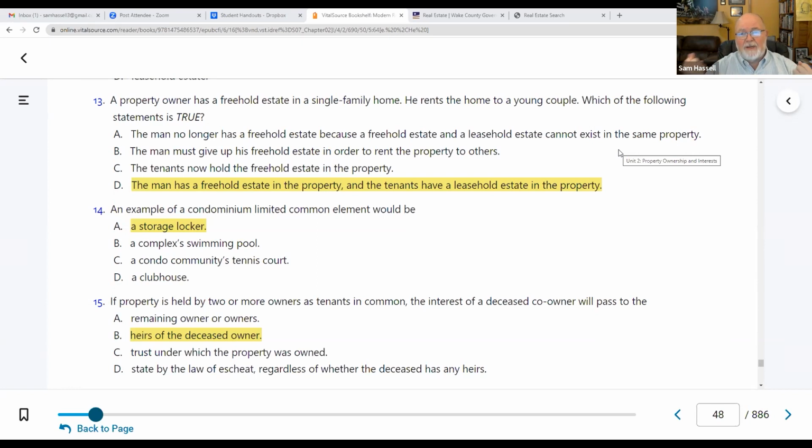Freehold, and then the tenants would have a non-freehold estate or a leasehold estate. Okay. Your estate is your position in real property, right? So if I own it and I rent it, I have a freehold estate, I own it. They have a leasehold estate or non-freehold estate, they rent it.